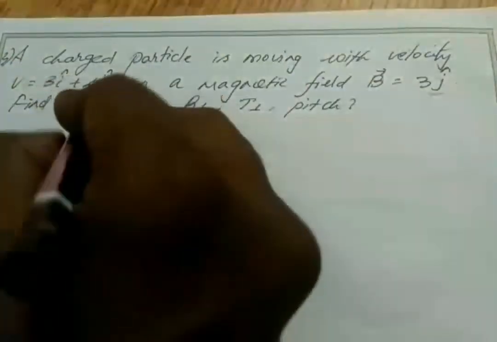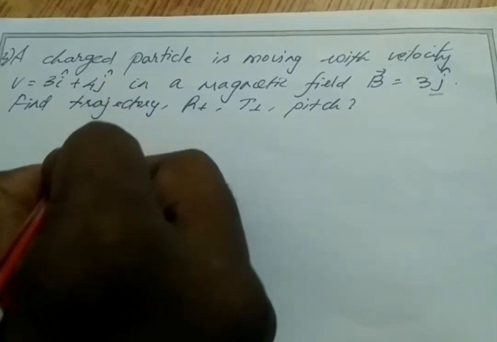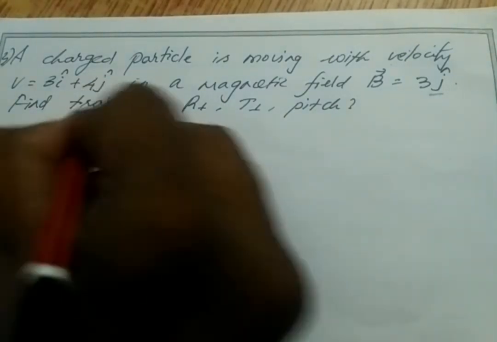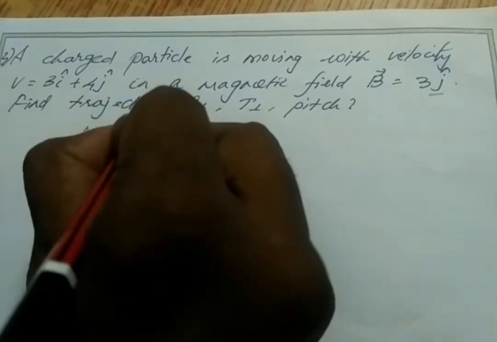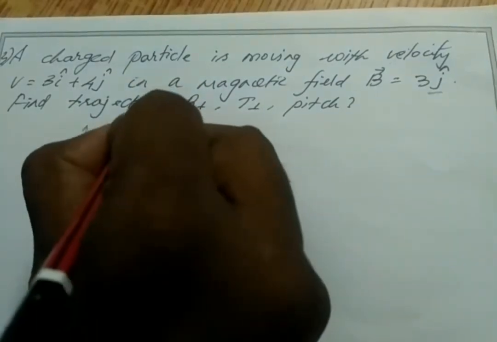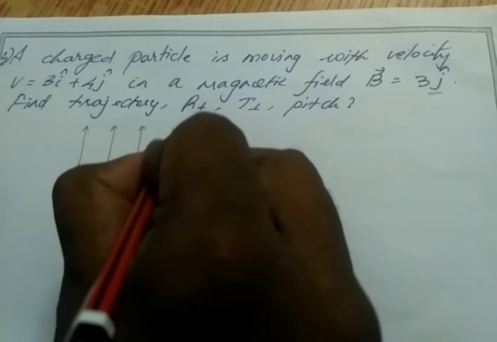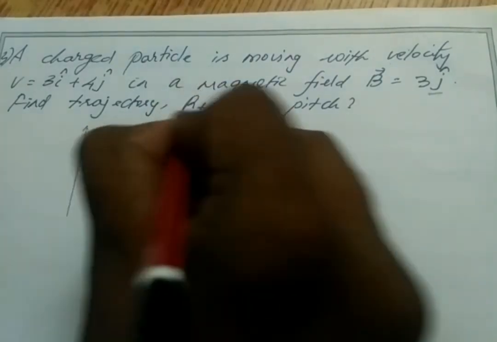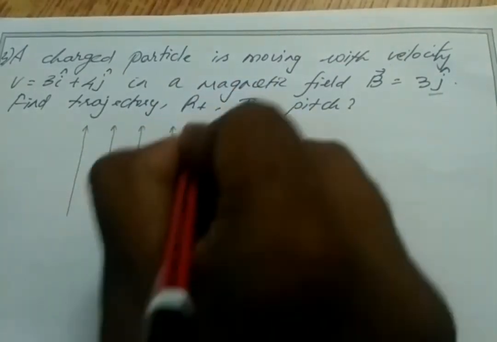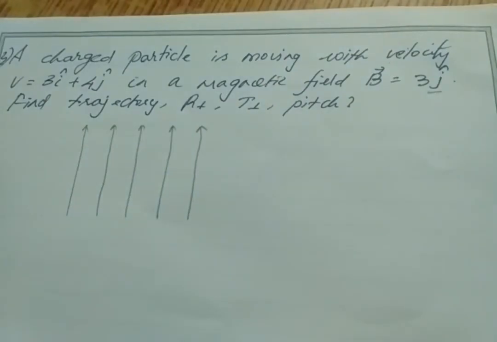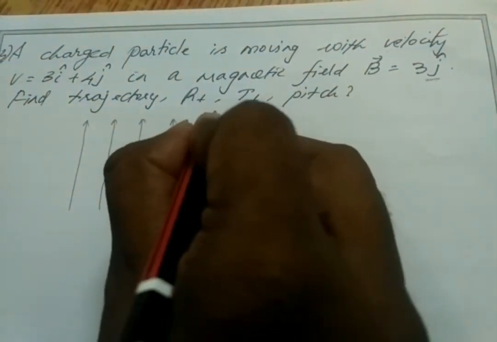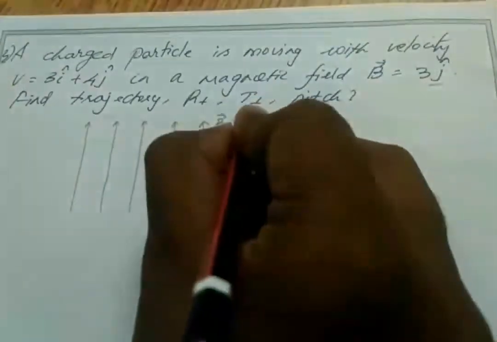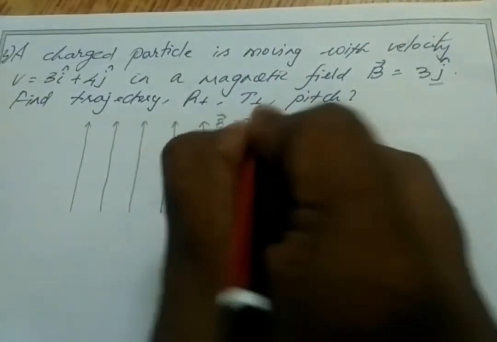So first we have to draw the magnetic field. The magnetic field is along the positive y-axis. Okay, so this is the direction of the magnetic field. What is the value? 3, or we can write 3 Tesla.